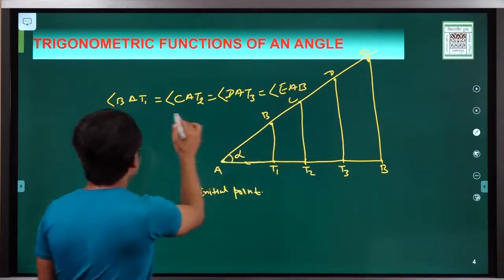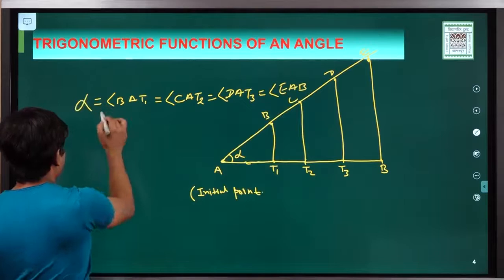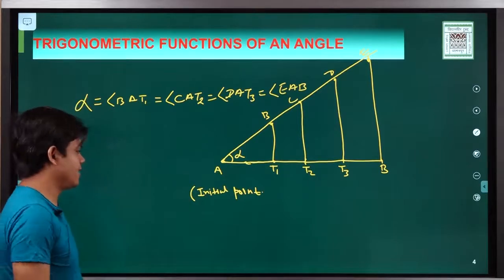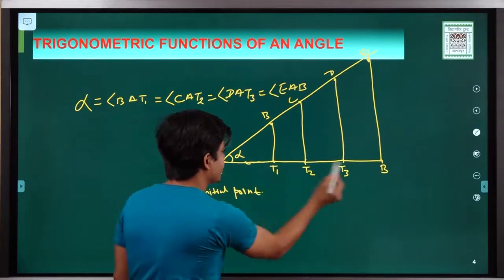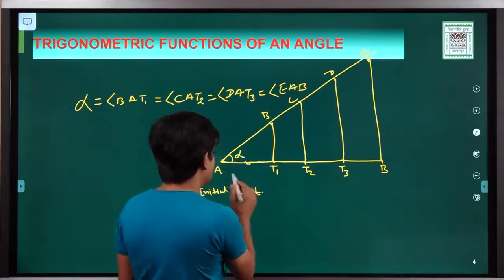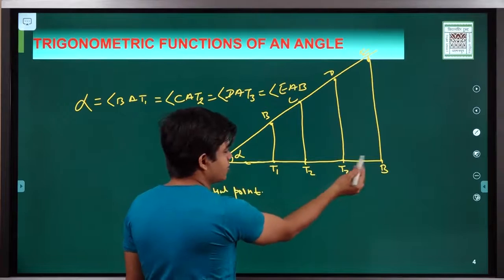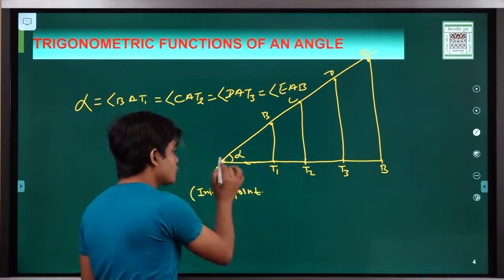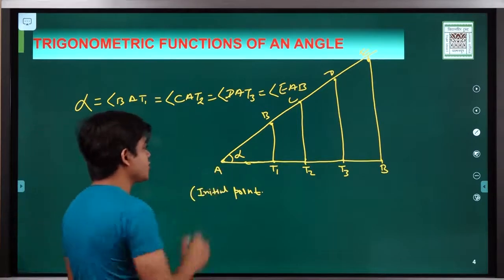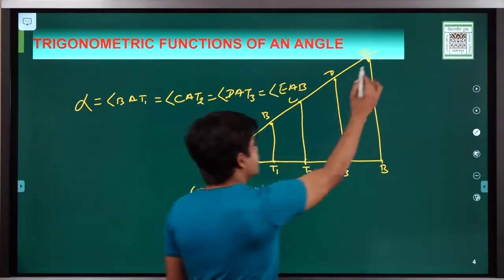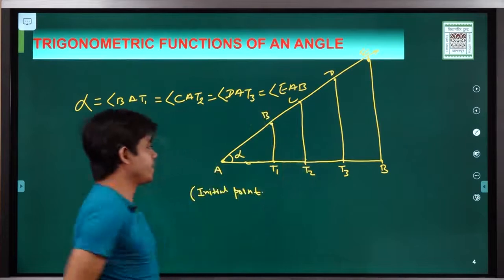Call it alpha. This angle is alpha, and this is your initial point. This line AT1, T2, T3, B, so this line AB is called the initial line. This point is the initial point. This side is called the terminal side.